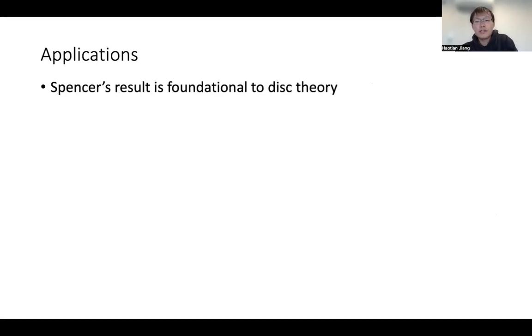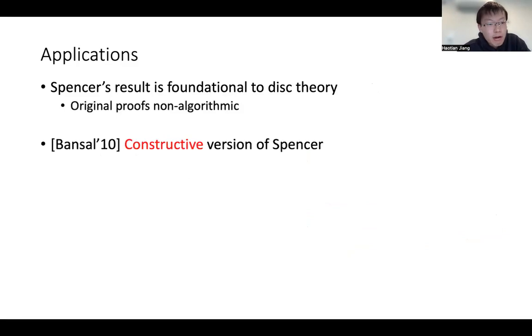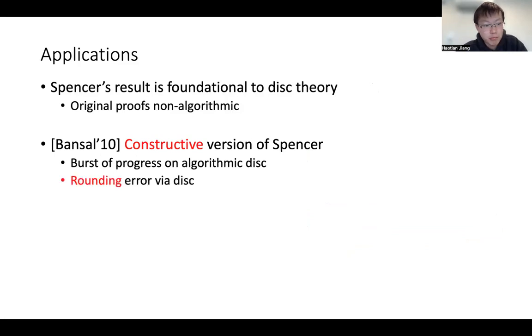This result is foundational to discrepancy theory because it shows the crucial difference between the typical and extremal behavior of the discrepancy of a random coloring. But its original proof is non-algorithmic. However, following a breakthrough by Bansal in 2010, who gave the first constructive version of Spencer's result, there has been a burst of progress on designing efficient algorithms for discrepancy problems.